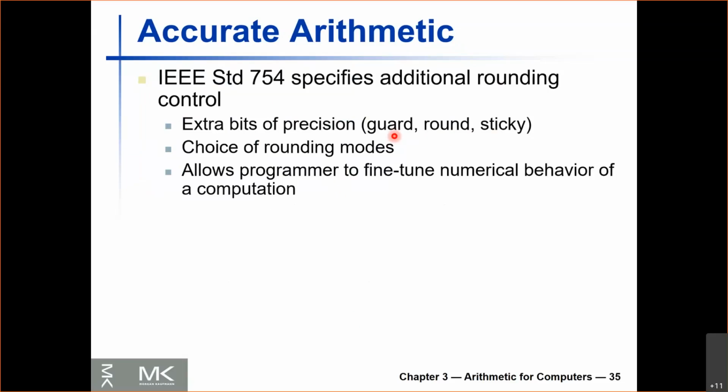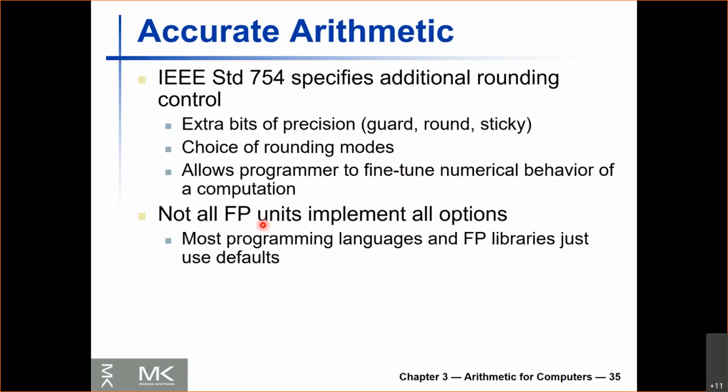And whether you keep 5 bits or 6 bits and how you round these 5 bits or 6 bits, basically depends on, there's different modes for doing that, which involve these additional bits that the IEEE standard specifies. Okay, and the programmer can sometimes choose which one of these they want, or the hardware might implement one of them. So not all the floating point units in hardware implement all the options that IEEE specifies for rounding.